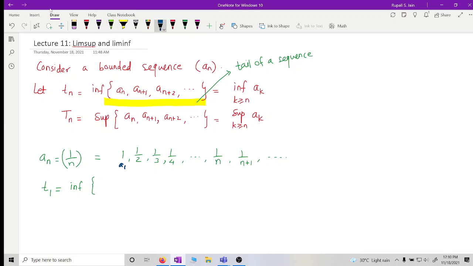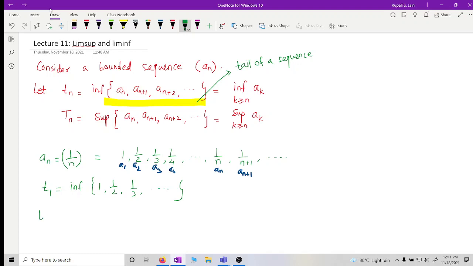This one is my a_1, this one is my a_2, a_3, a_4. This is my a_n and this is a_(n+1). So t_1 is nothing but the infimum of a_1, a_2, a_3 and so on, so the infimum of the original sequence: 1, 1 by 2, 1 by 3 and so on.